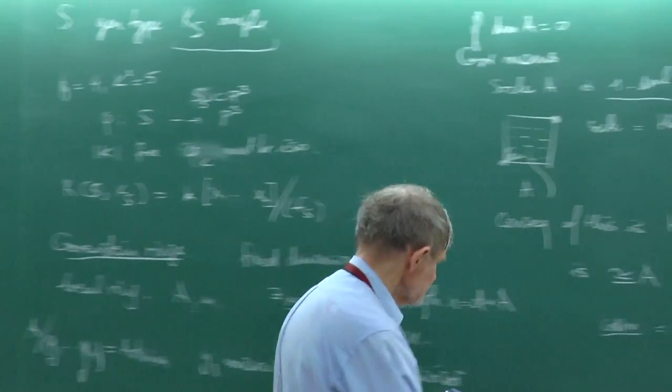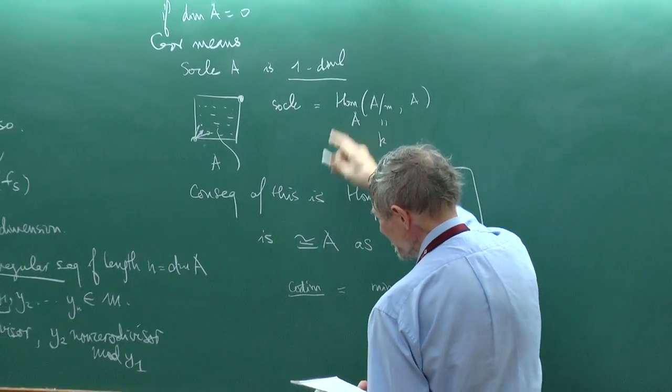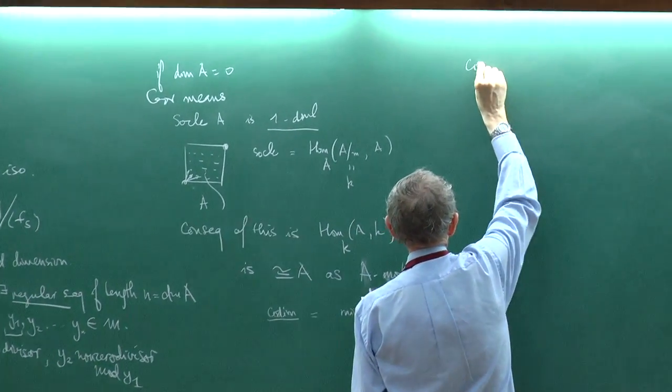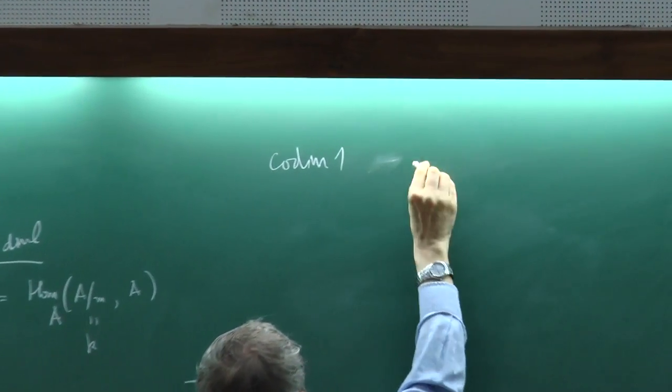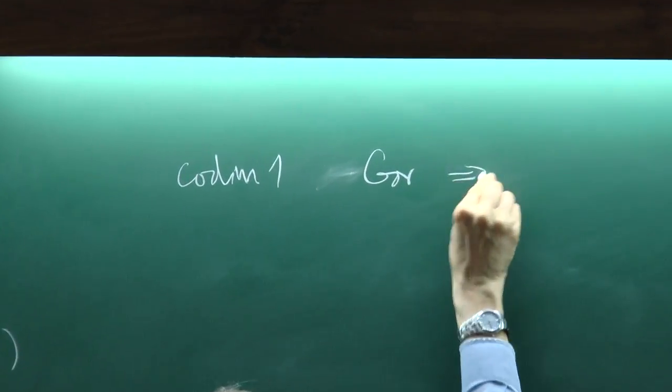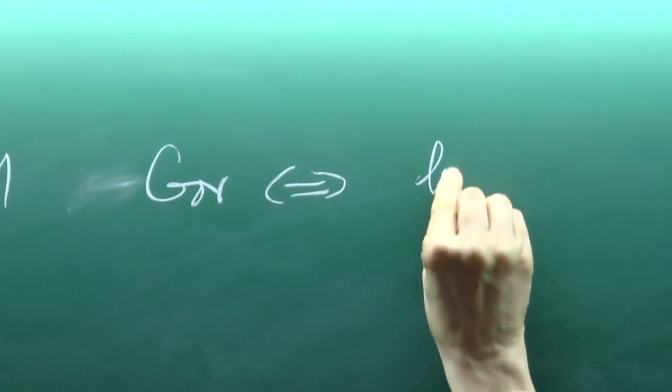You have a kind of sequence of results that says everything is very, very simple at the start. Codimension 1: Gorenstein means that V is a hypersurface.